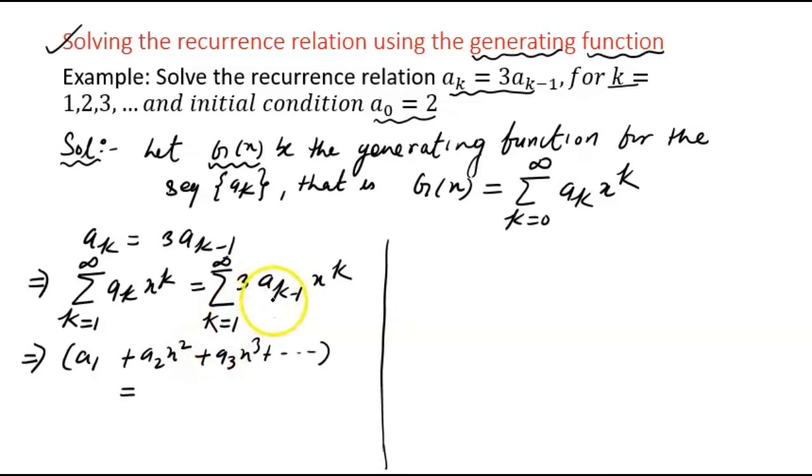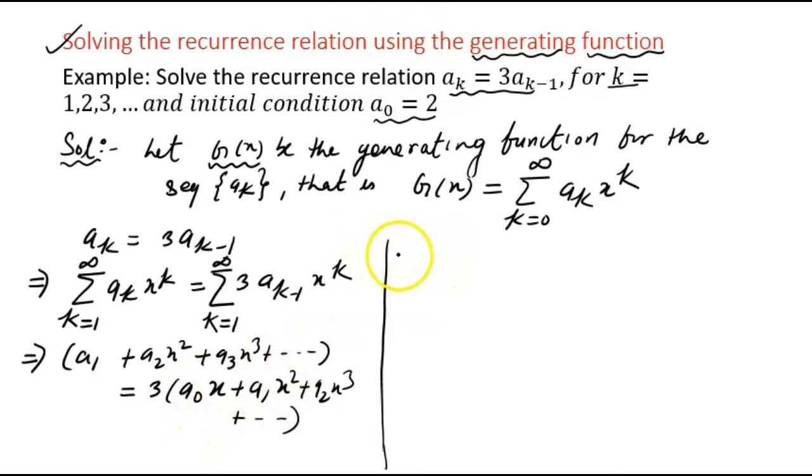So for k equal to 1, I will get a0; 3 is a constant, so I get 3 a0 x plus 3 a1 x squared for k equal to 2, plus 3 a2 x cubed, and so on.